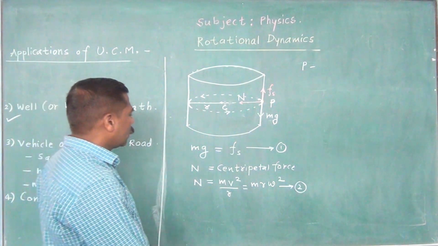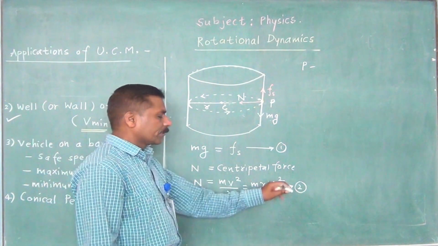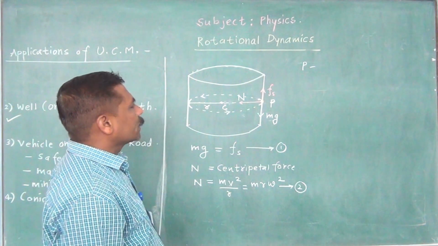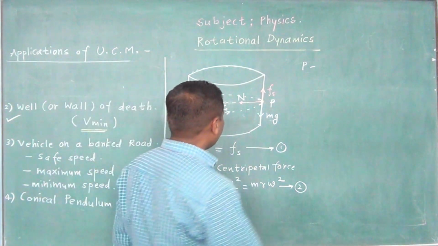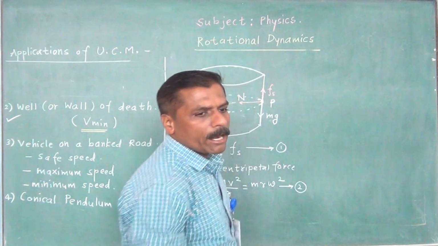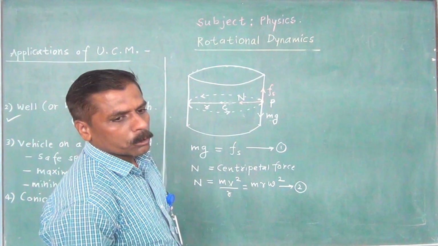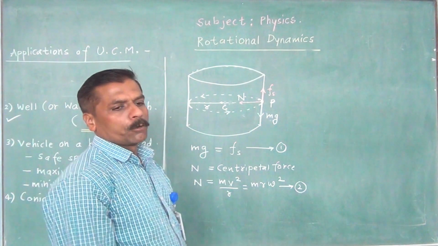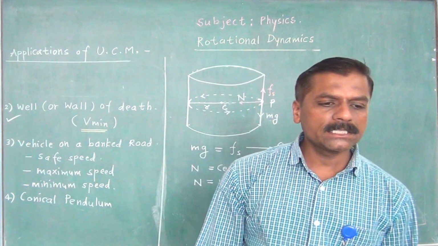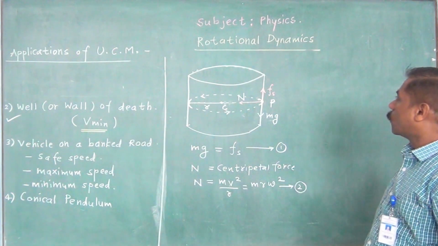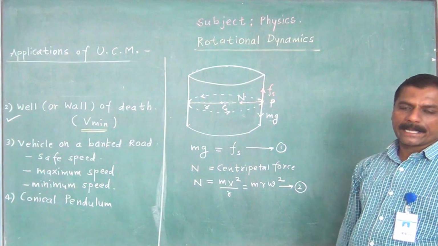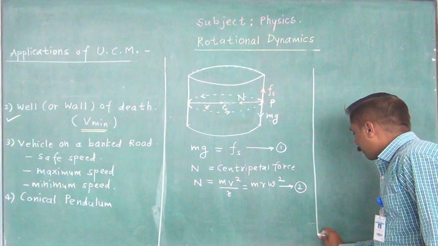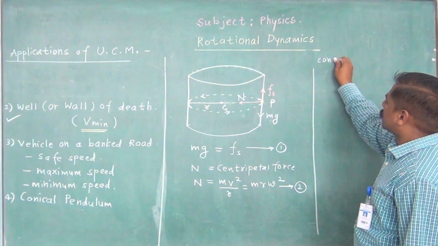Here is v in equation 2. Now when we consider this minimum speed, you have to remember that the force of friction is always less than or equal to mu s n. To find the minimum speed, you should remember this is the condition.